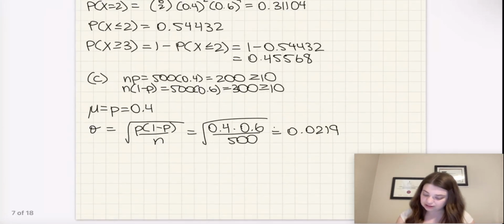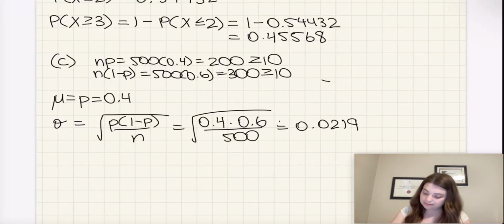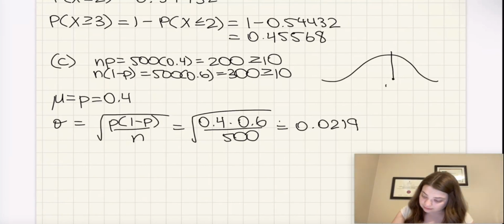So essentially, to draw a visual of what they're asking, let's say that this is the mean number that we would have, which would be exactly 0.4 of the students, so that's going to be 200 of them. And they're wanting to know, what's the probability that it's here at 0.45 or higher? And so already we know that it's got to be less than half.